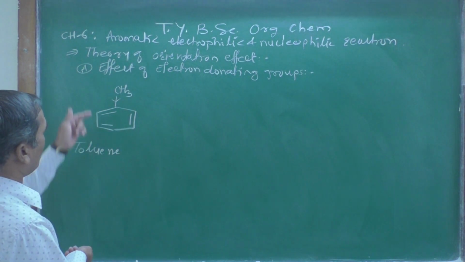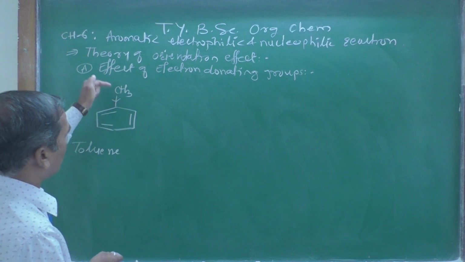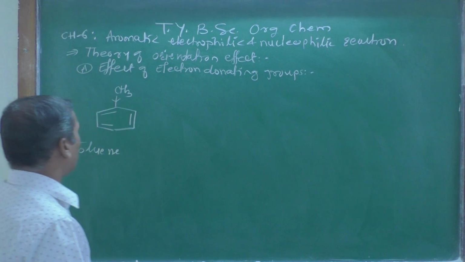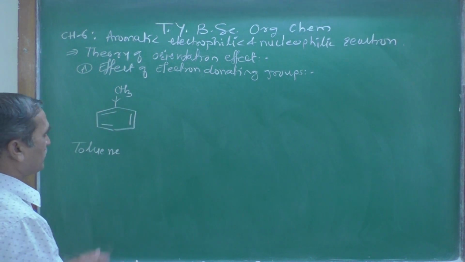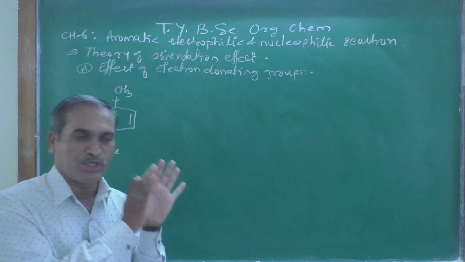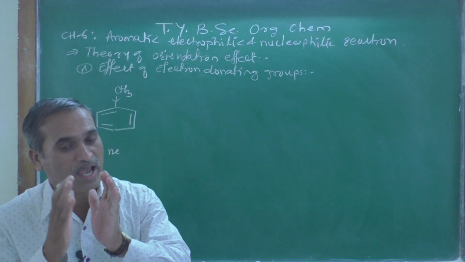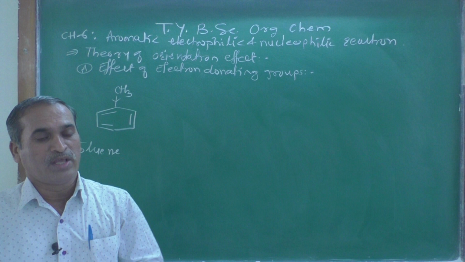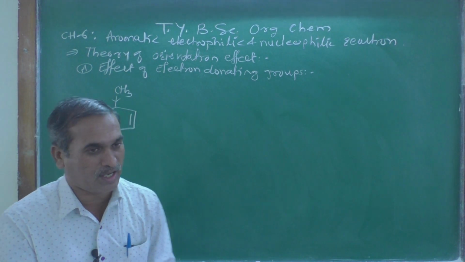Now when the benzene is substituted, specifically here with an alkyl group, it is an electron donating group, giving electron density to this benzene ring. And as we know that this toluene is an aromatic compound, the tendency of that aromatic compound is to readily undergo electrophilic substitution reaction.